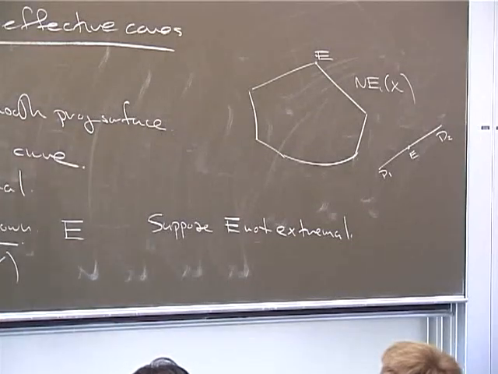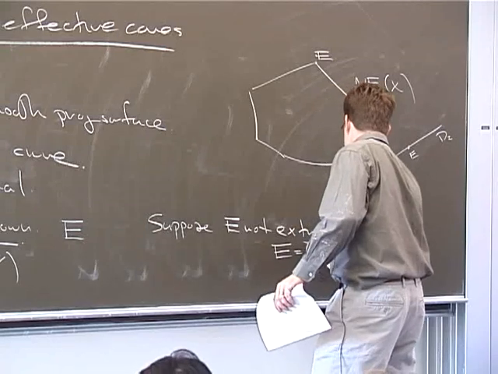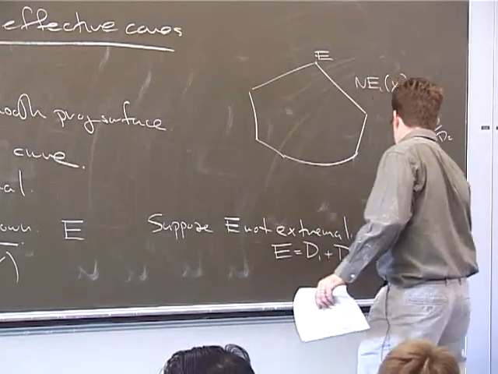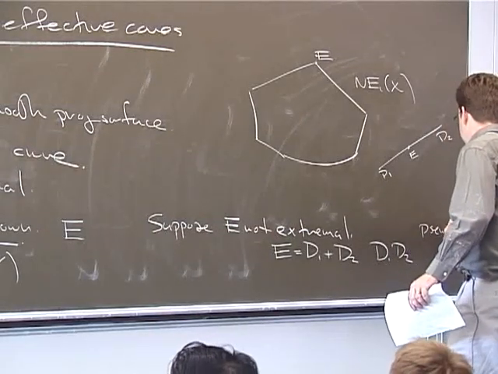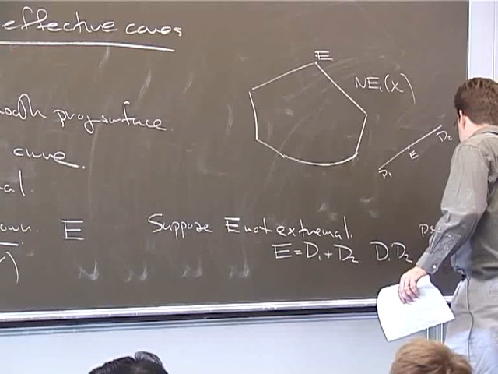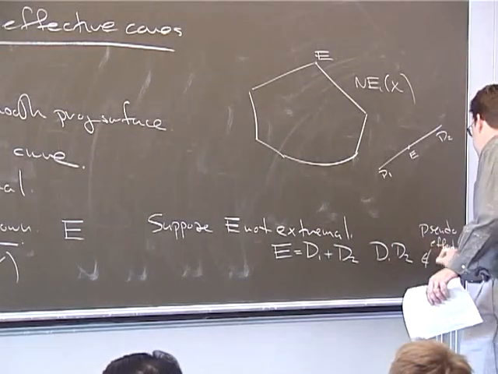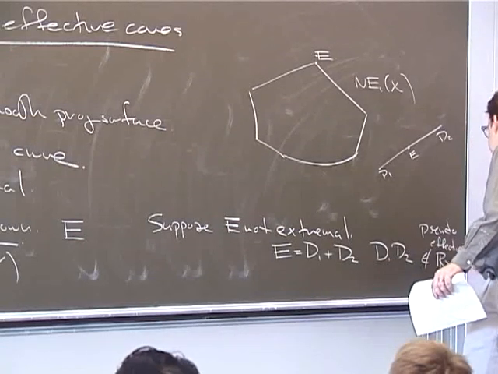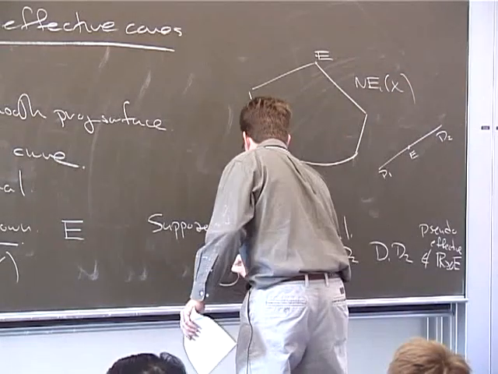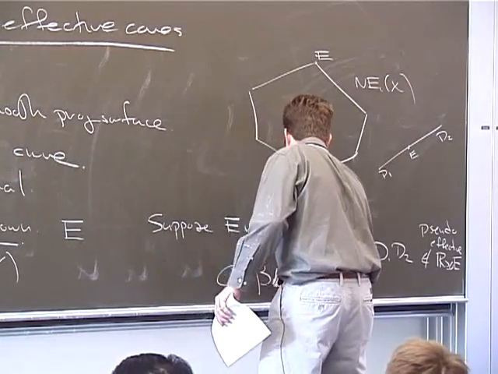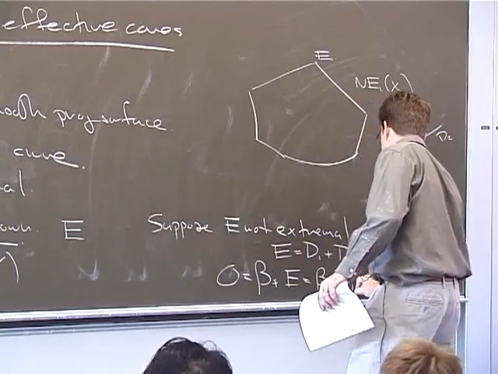If I have E equals D1 plus D2, with D1 and D2 pseudo-effective but not contained in the ray spanned by E, then if I push down E, I get this relation.